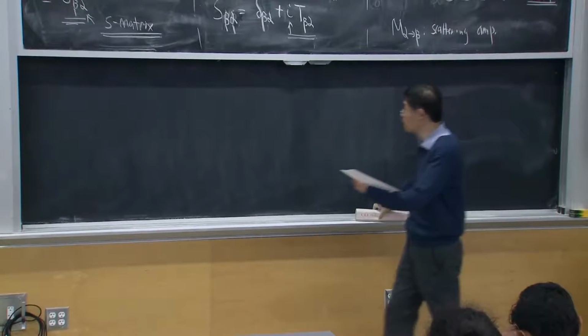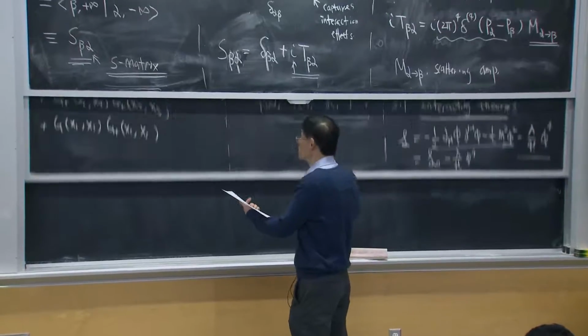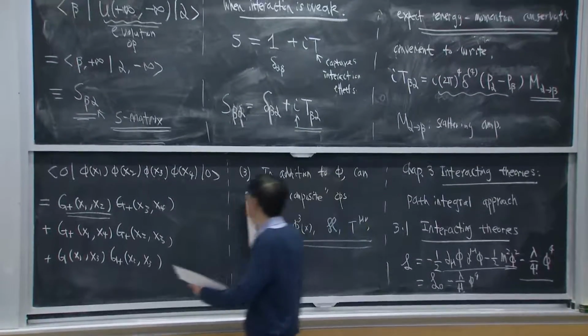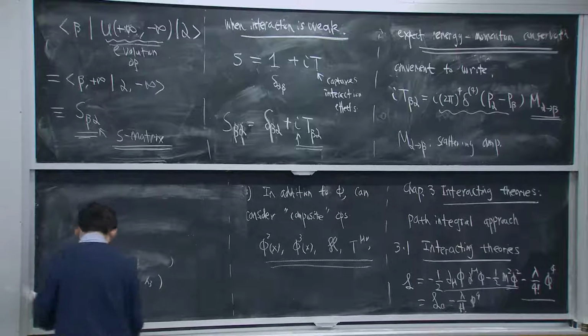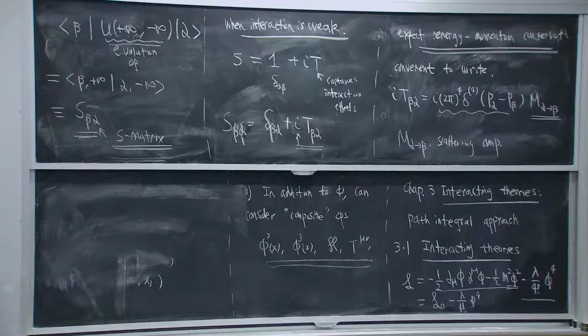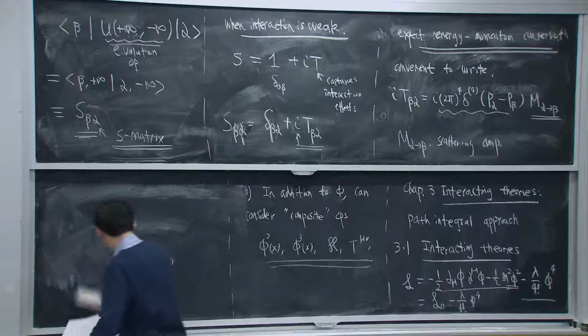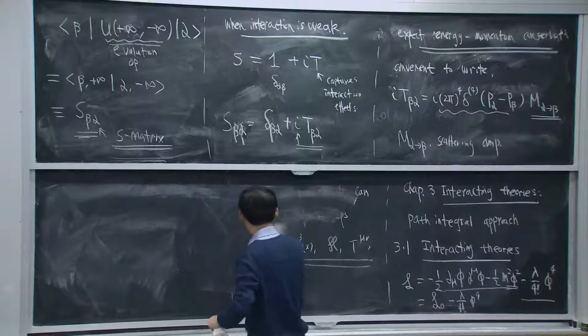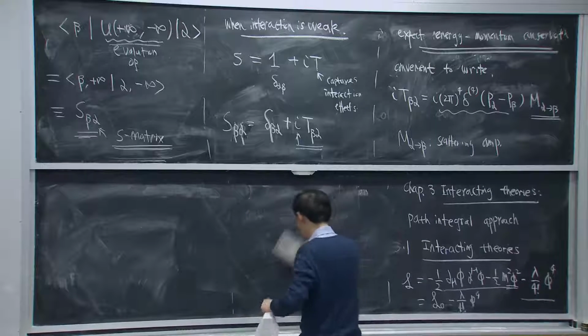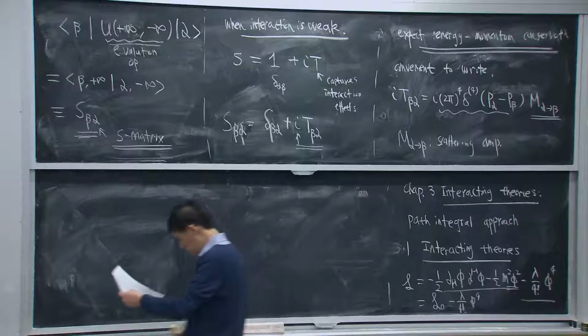So now some properties of the S matrix. You see that the S matrix is essentially just a matrix element, the matrix of U. And U is a unitary matrix because it's an evolution operator.